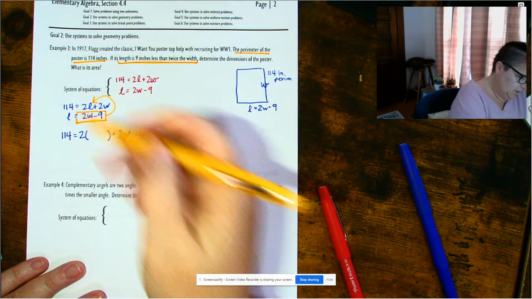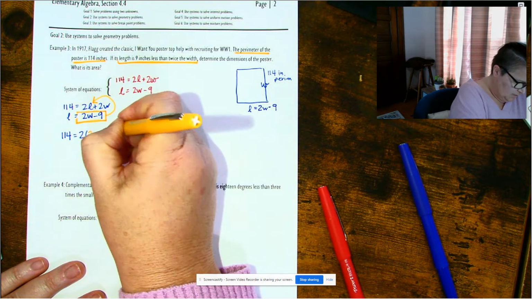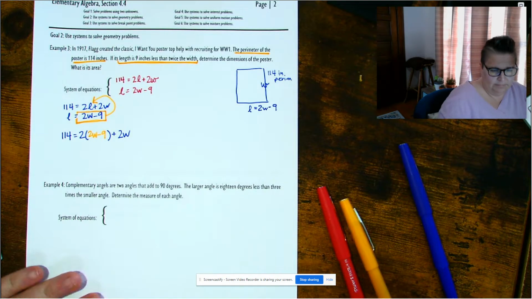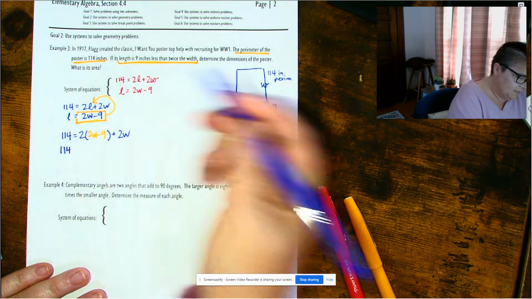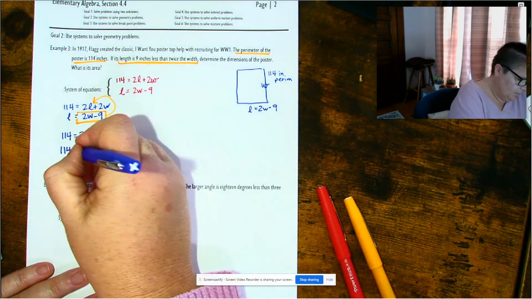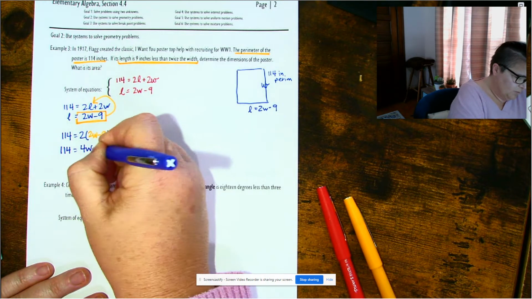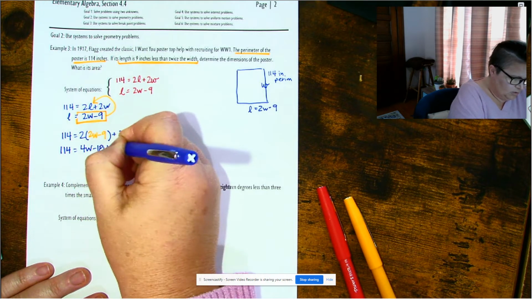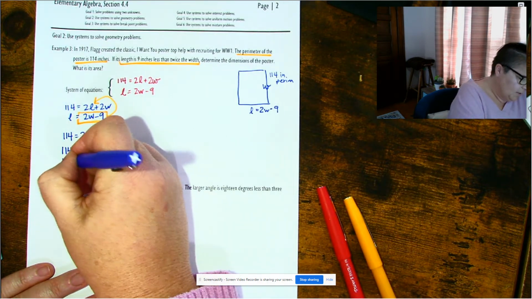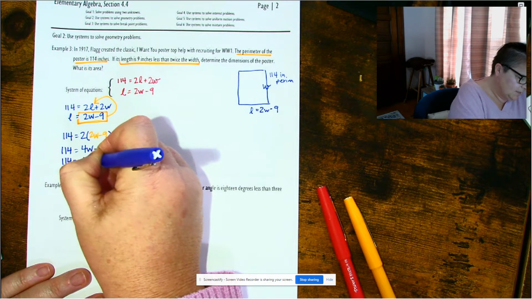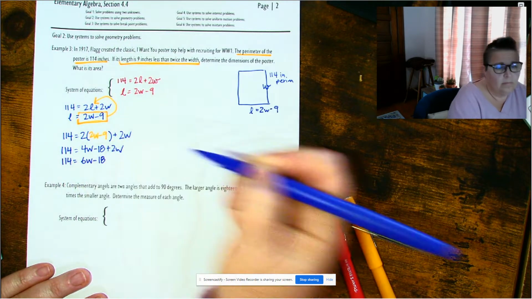So that's going to be 2W minus 9 is what's going to go in there. All right. Notice that eliminates my L's. My L's are gone. And I have 4W minus 18 plus 2W. Cleaning up that right side a little bit, 114 is 6W minus 18.